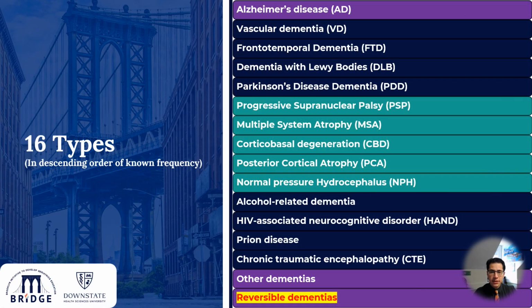Here's a list of 16 different types of major neurocognitive disorders that can affect older adults, in descending order of known frequency. As you see, at the top is Alzheimer's disease, which is the most common form. In this presentation, we will focus more on the other types of major neurocognitive disorders that can affect older adults.